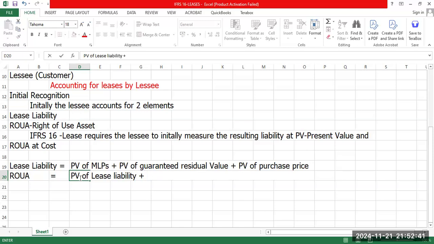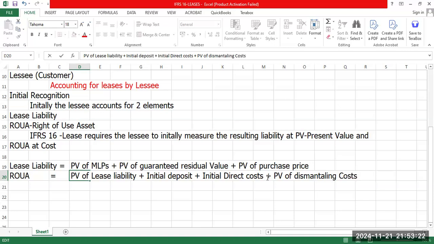Then you add the initial deposit, add initial direct costs, then add the present value of dismantling costs, then less lease incentives. Asset.